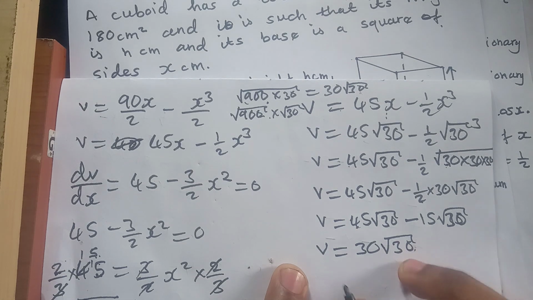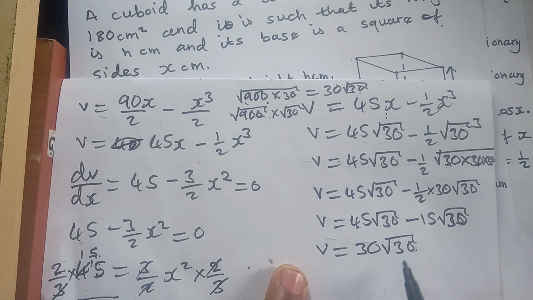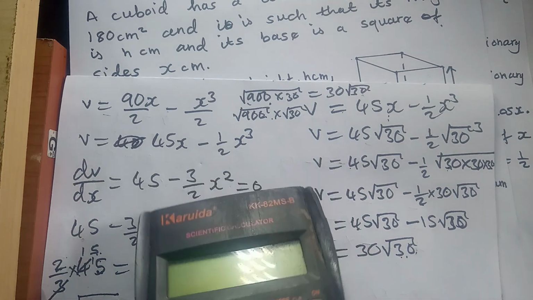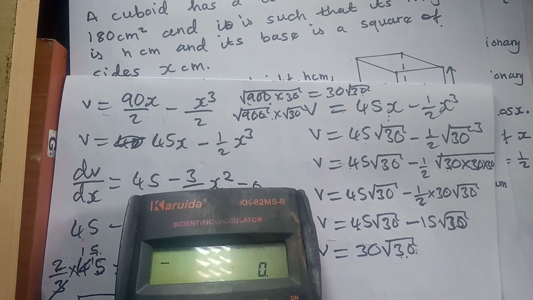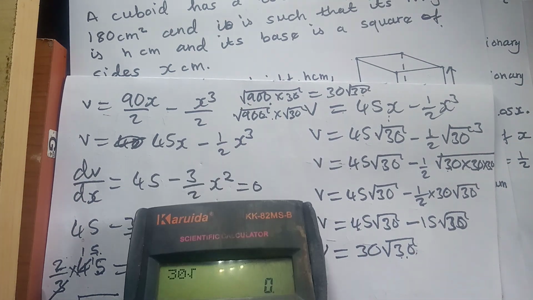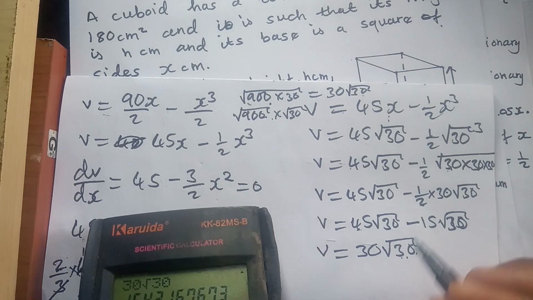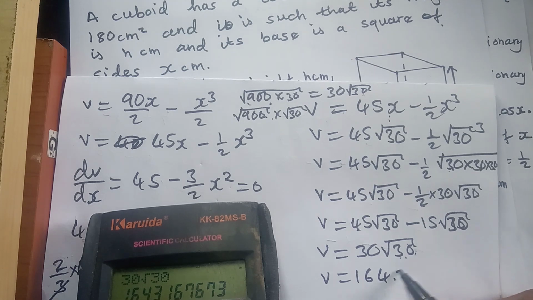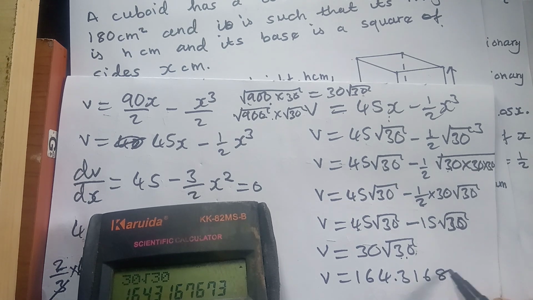And then you can either end it here, since we don't have any perfect square factors of 30, or punch it on your calculator and get an estimated value, which is 164.3168.